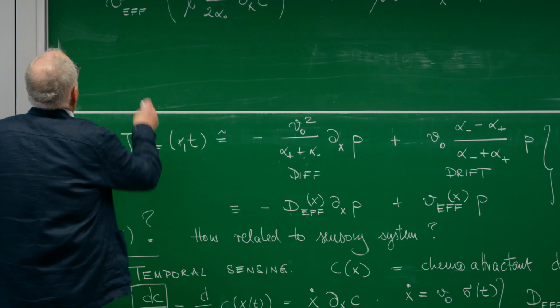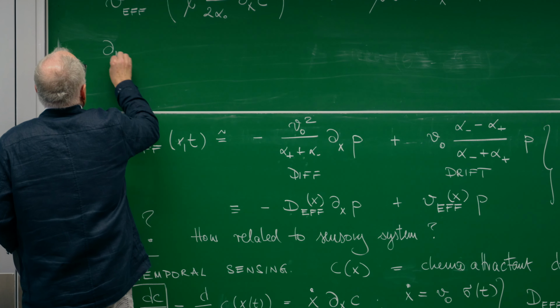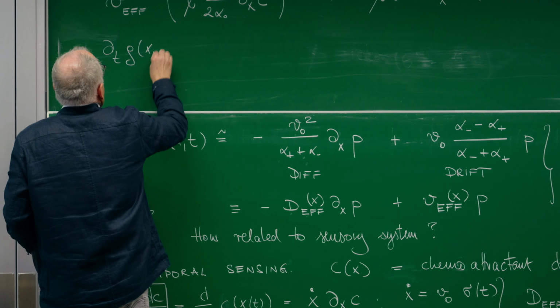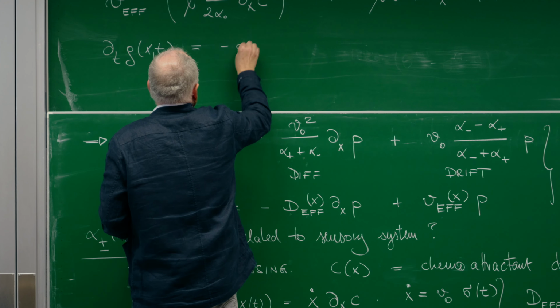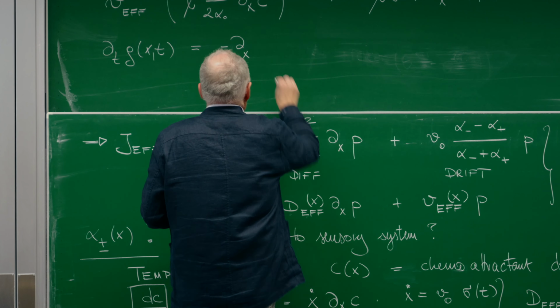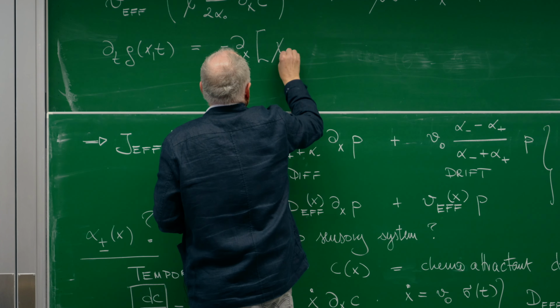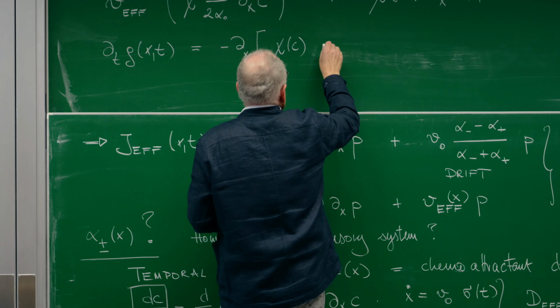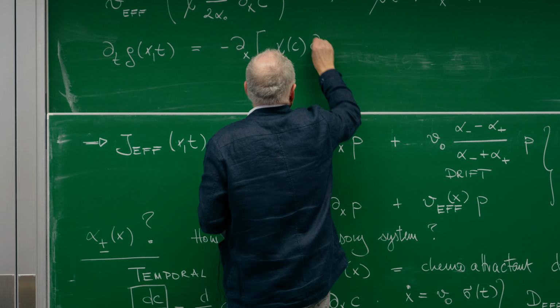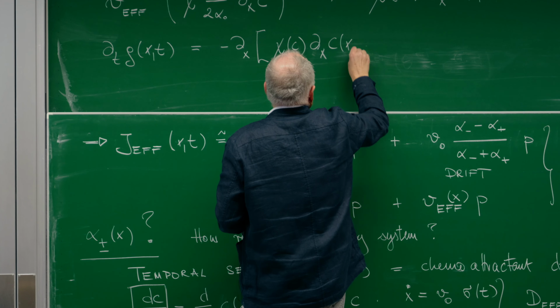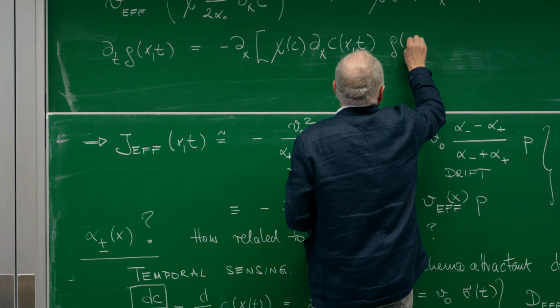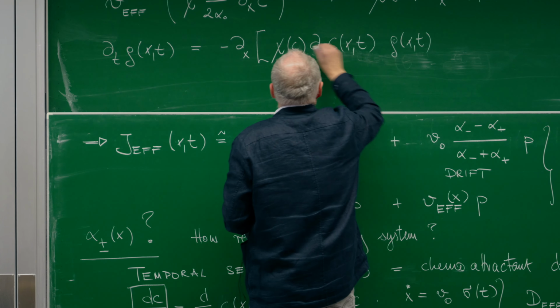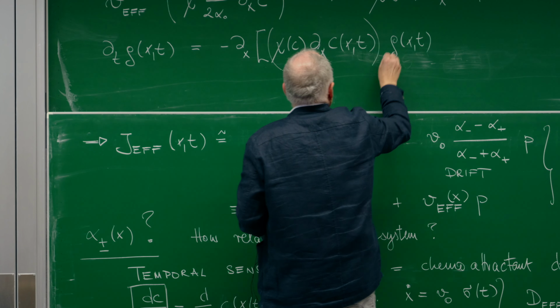What that means, if I write out the equation, you have the density of our bacteria showing a drift term which has this form of coupling to the concentration field times the density, right? This is how we couple.